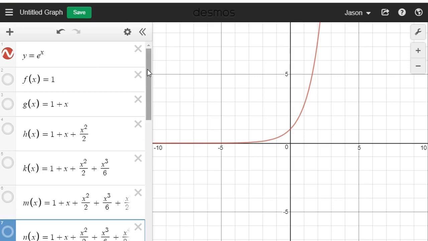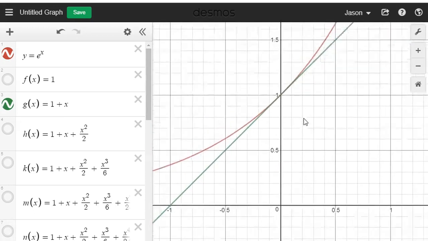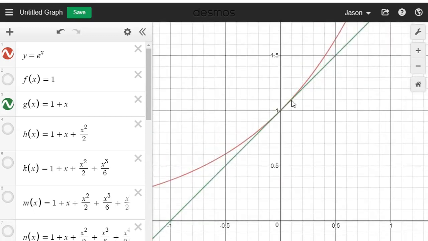If we look at e to the x, let's take a look at 1 and then the tangent line approximation, so 1 plus x. So if we look at the tangent line approximation, it's pretty good for a little bit of time, but it ends up diverging from the series pretty quickly.